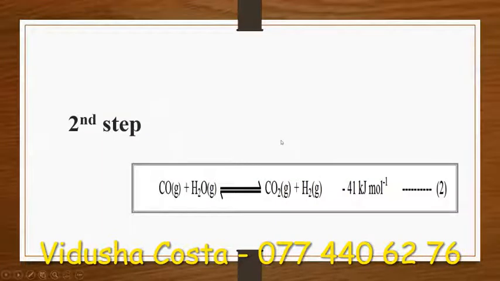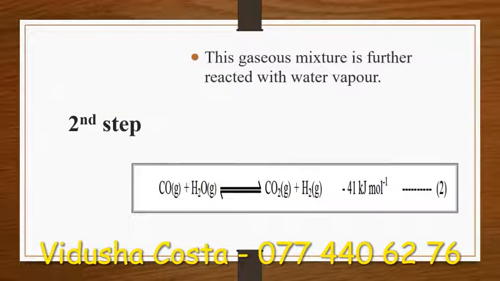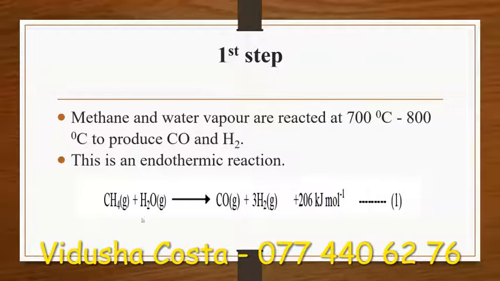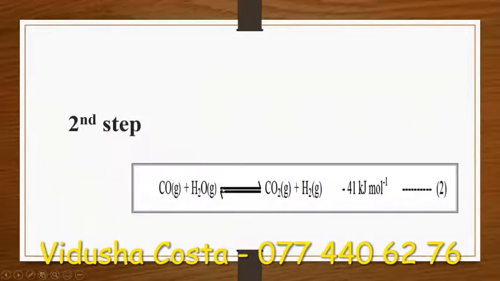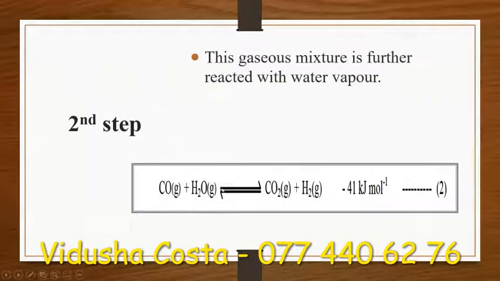If you focus on the second step, the above gaseous mixture. What is the above gaseous mixture? CH4 and H2O reacted to get carbon monoxide and hydrogen. All the CH4 does not react. Some will remain. So the above gaseous mixture is further reacted with water vapor, where the formed carbon monoxide reacts with water vapor to give carbon dioxide and hydrogen.